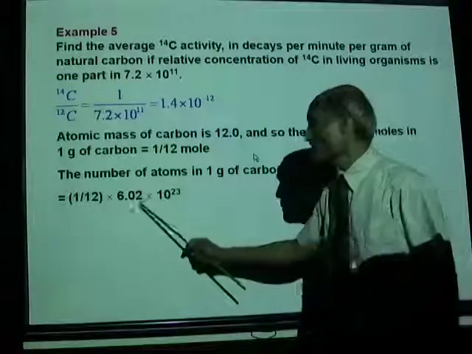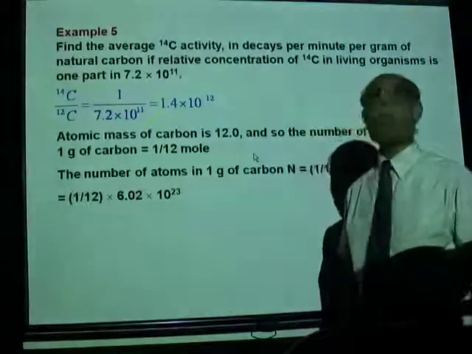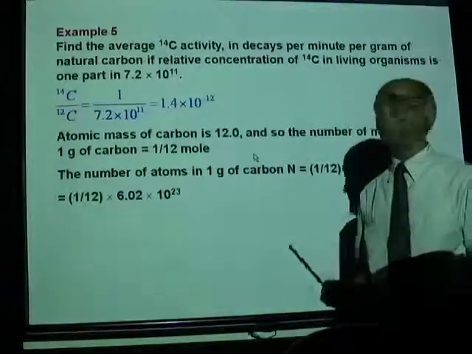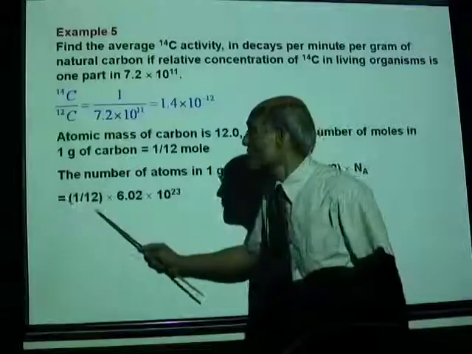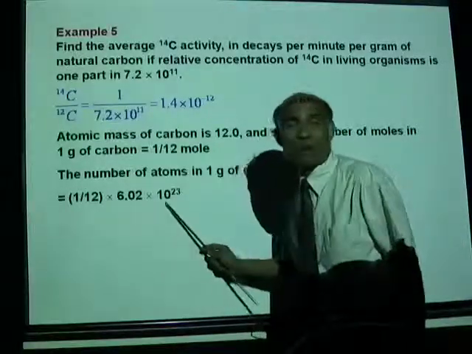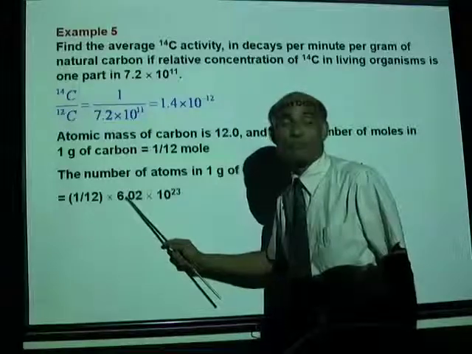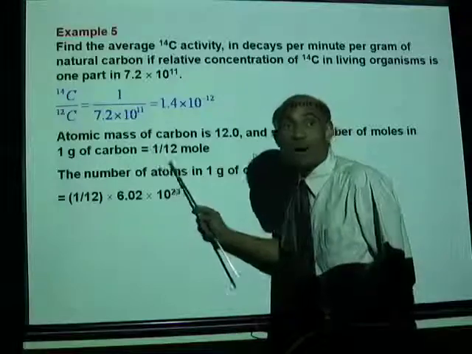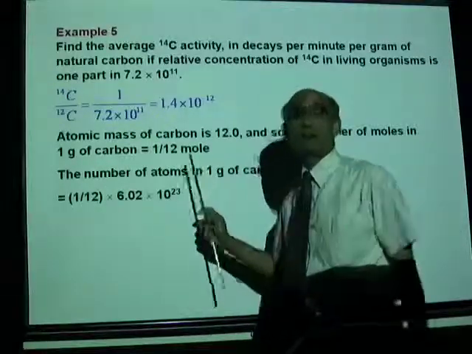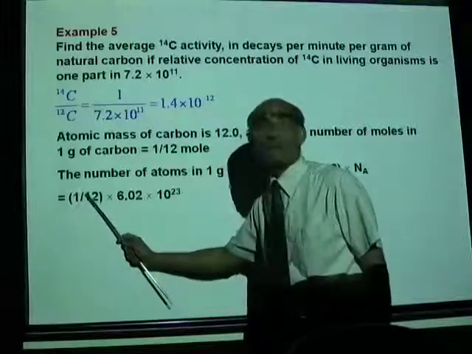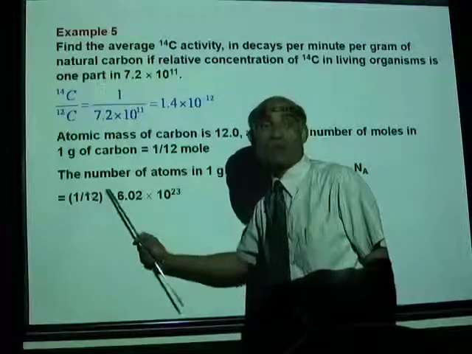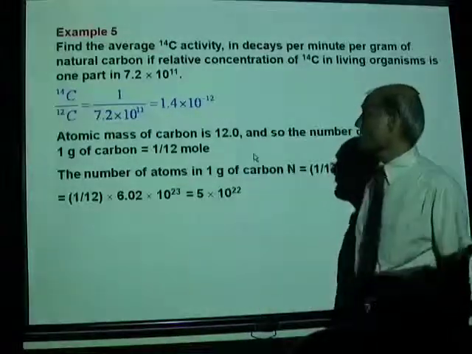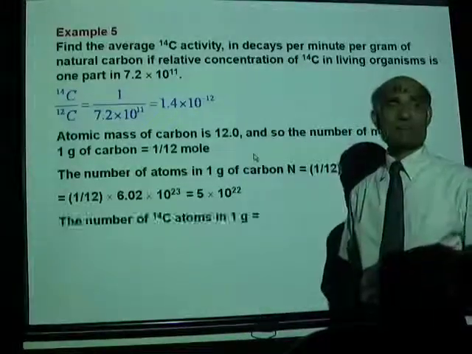It is 6.02 times 10 to the 23. So the number of atoms in 1 gram of carbon, which is 1/12 of a mole, is 5 times 10 to the 22 atoms.